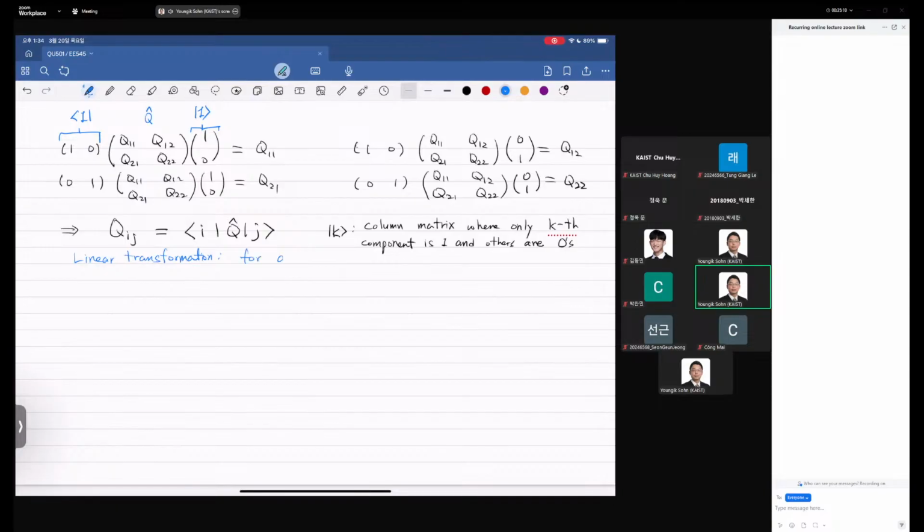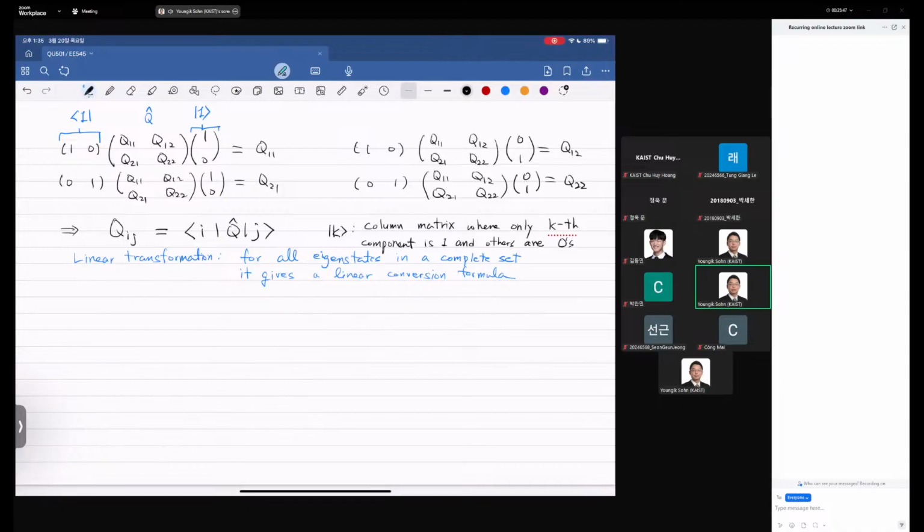Let me write it for all eigenstates in a complete set. This gives a linear conversion formula, and when you put it together, it becomes the entire matrix.